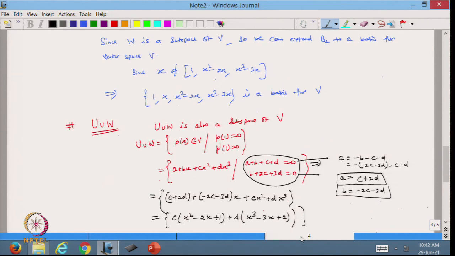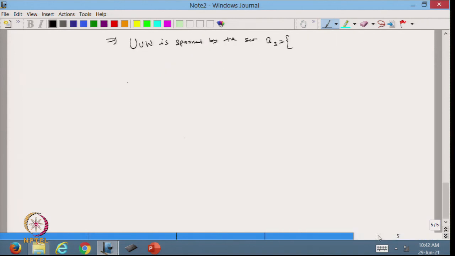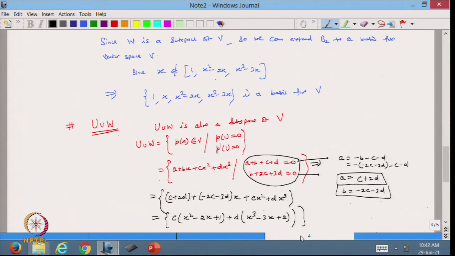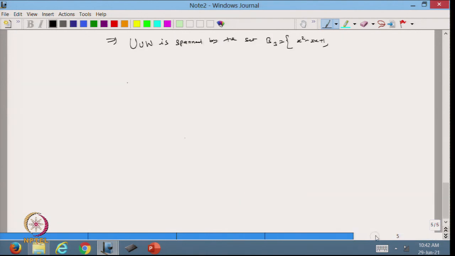So, this is x square minus 2x plus 1, and another is x cube minus 3x plus 2. So, these are the polynomials we got from here.